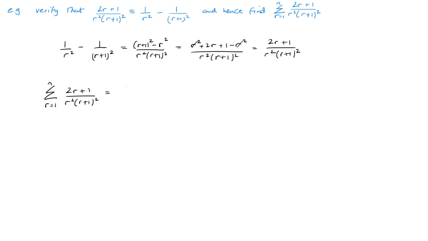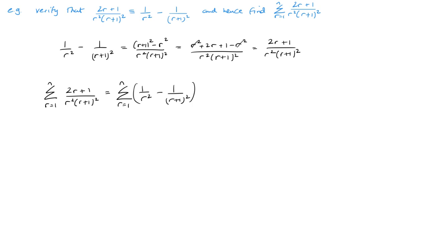That's the same as the sum for r equals 1 to n of 1 over r squared minus 1 over r plus 1 squared. Because we've shown that this equals this, the sum of this equals the sum of this. And this is now where the method of differences comes in.